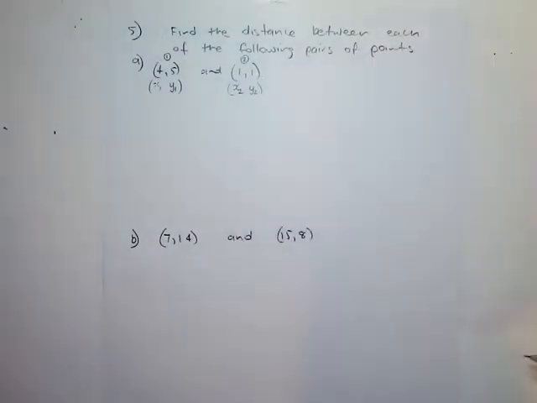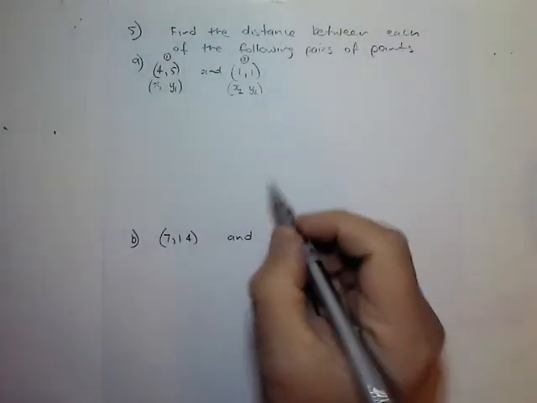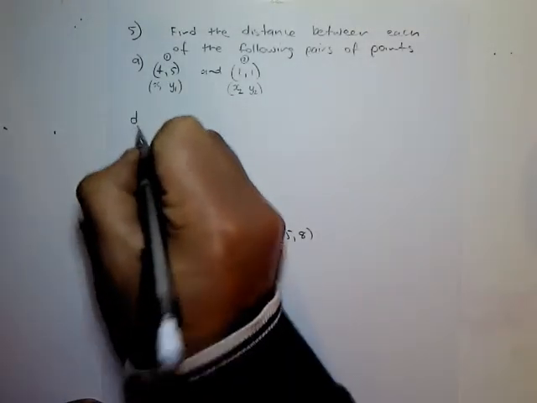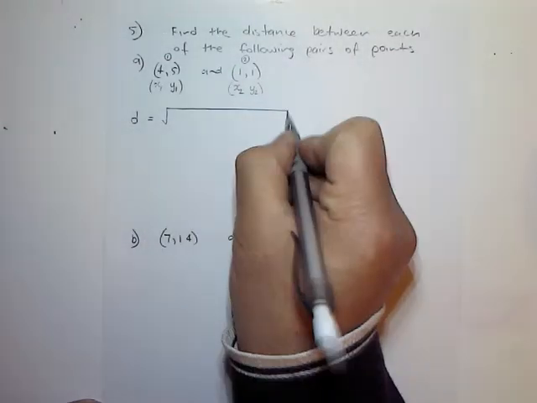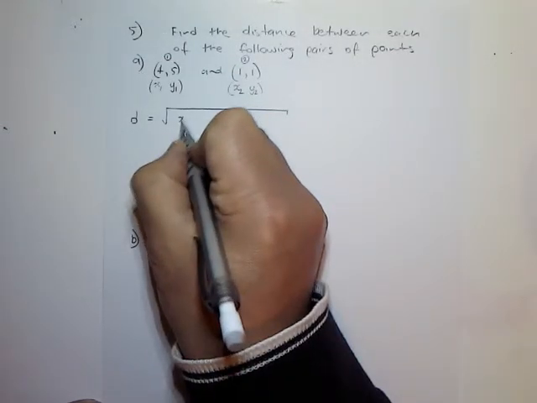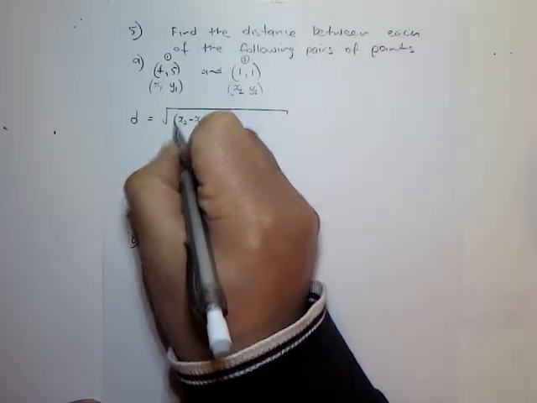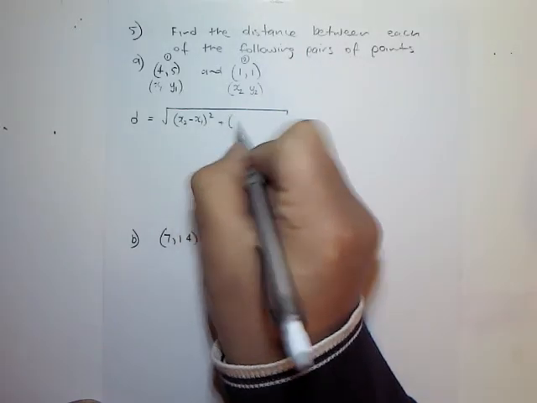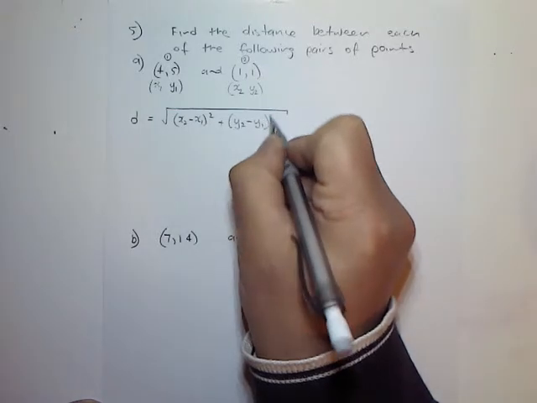Now, the distance formula is a little bit different to the midpoint formula. The distance between 2 points is the square root of the difference between the x values, so x2 minus x1 all squared, plus the difference of the y values, y2 minus y1 all squared.